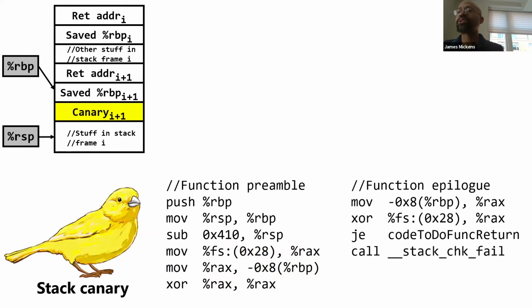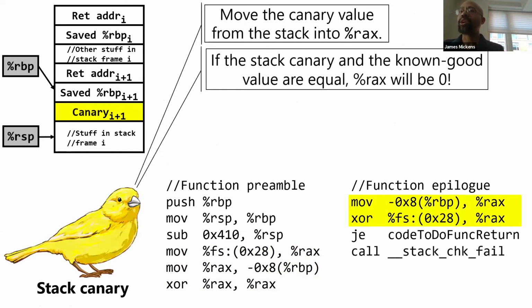And then in the function epilogue, what do we see? We move the canary value from the stack into RAX, and then we XOR it with the known good value of the stack canary. Because of the way that XOR works, if the value of the canary that was taken from the stack is equal to the known good value, then RAX is going to be set to 0 by this XOR instruction.